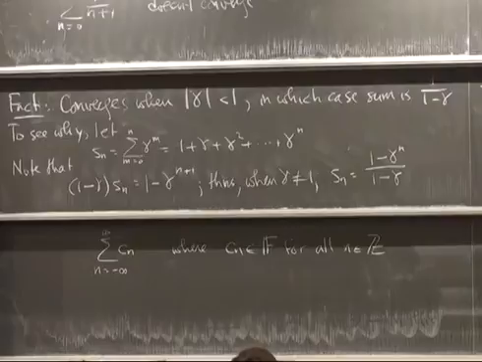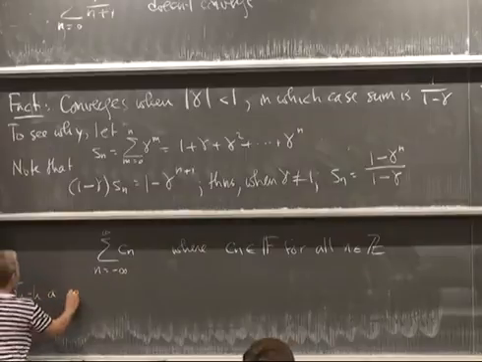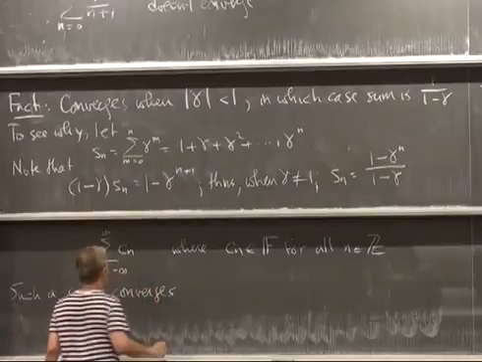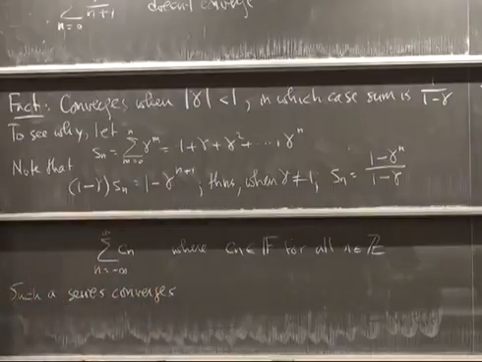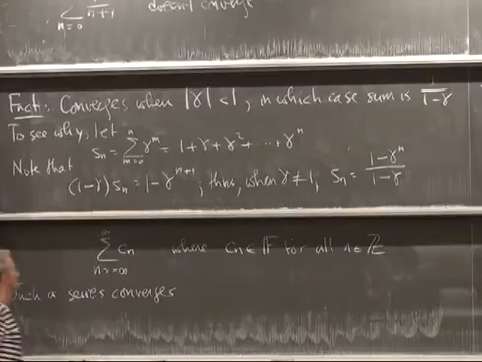What does it mean for a series like that to converge? Such a series converges when both the right-hand side of the series, the n bigger than or equal to 0 terms part, and the left-hand side of the series converge.